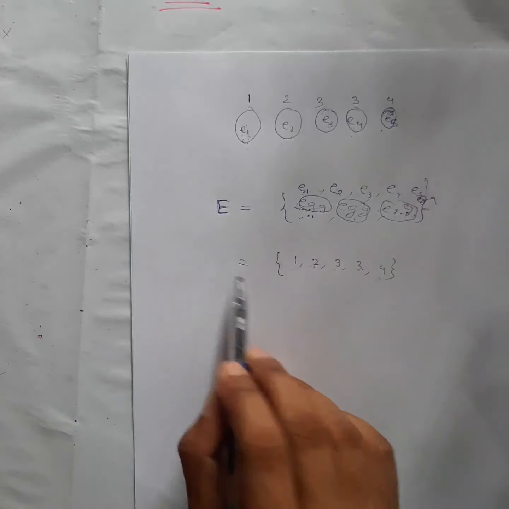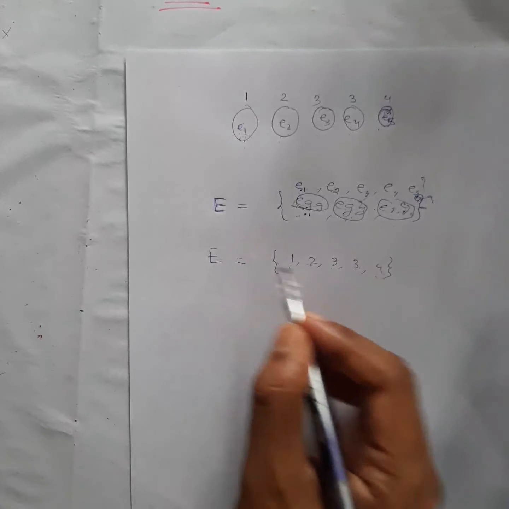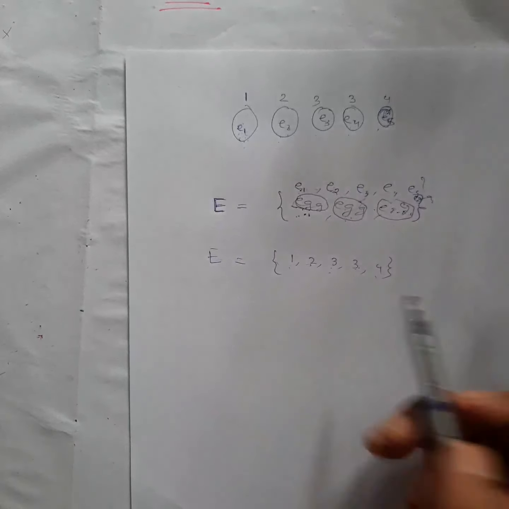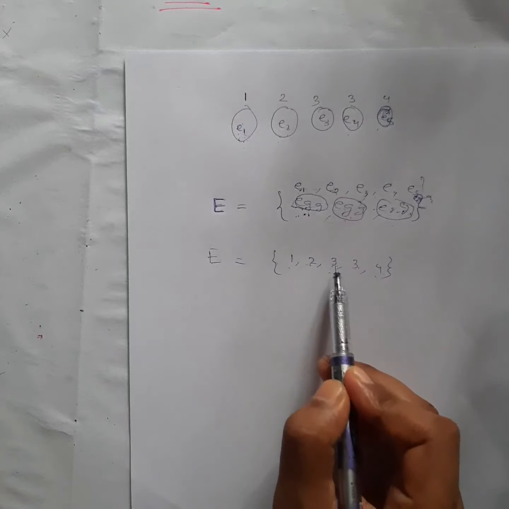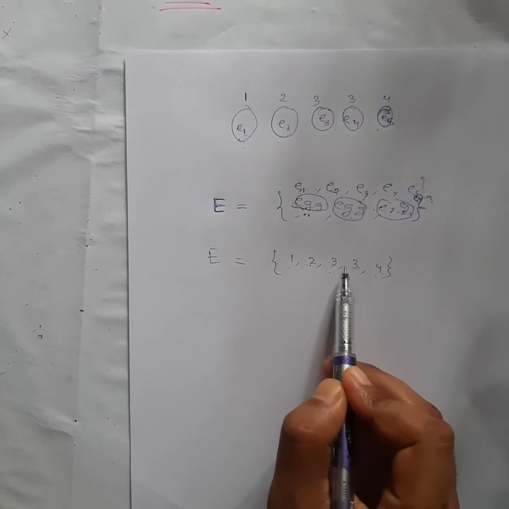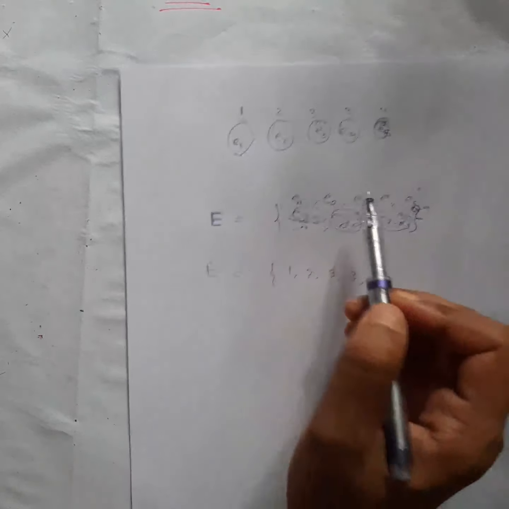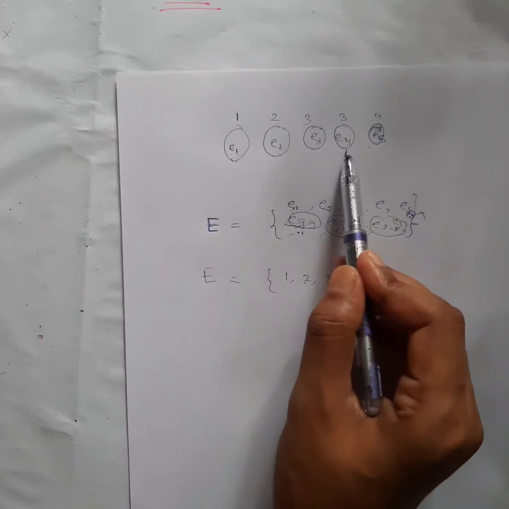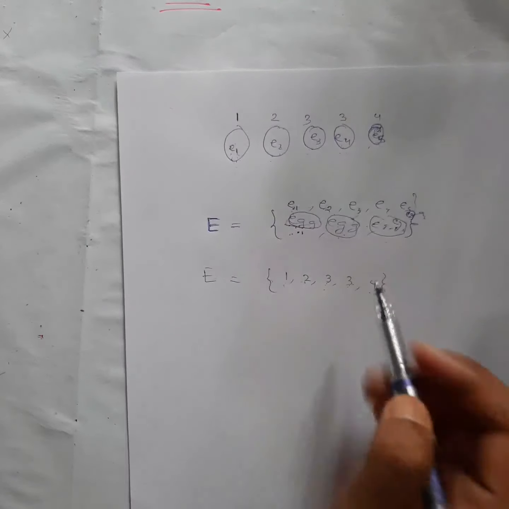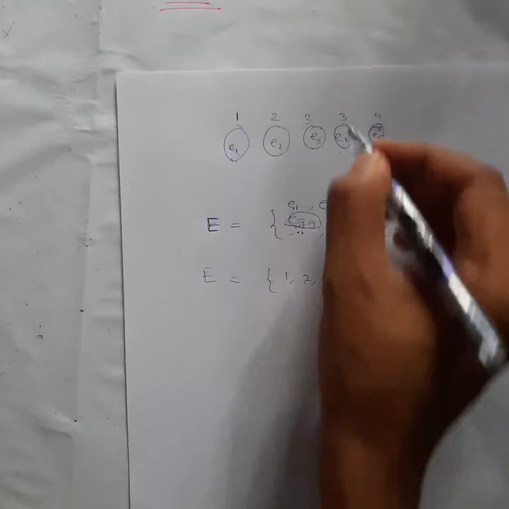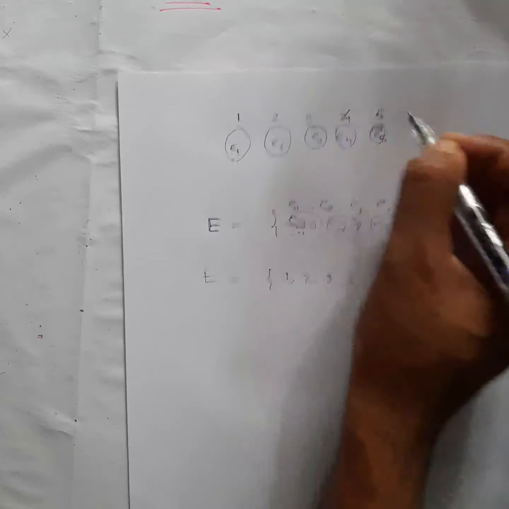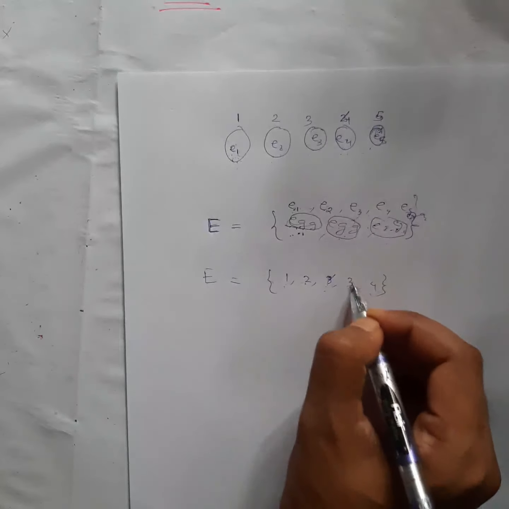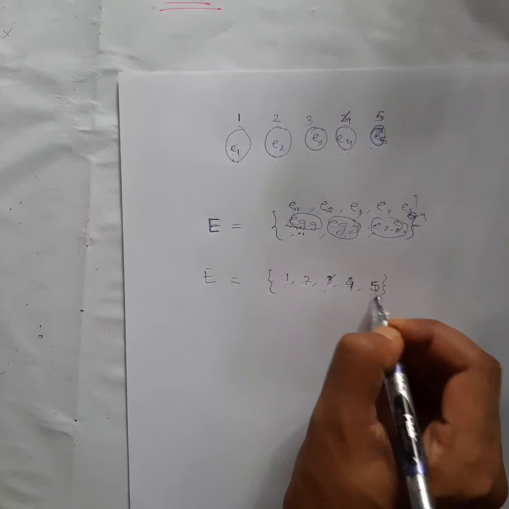So that's why in the case of a set, when we write elements, to not cause confusion, we never repeat any elements. If you have identical elements also, we give them different names.